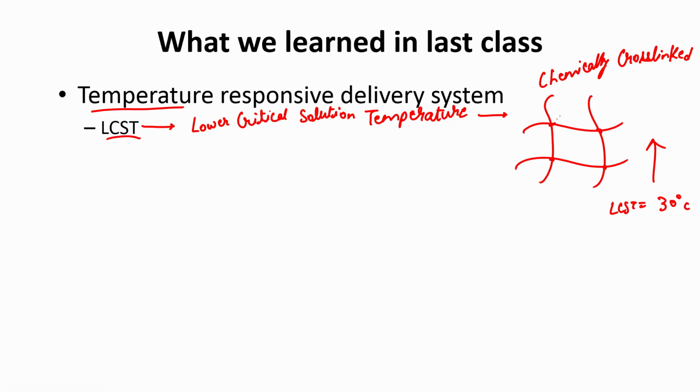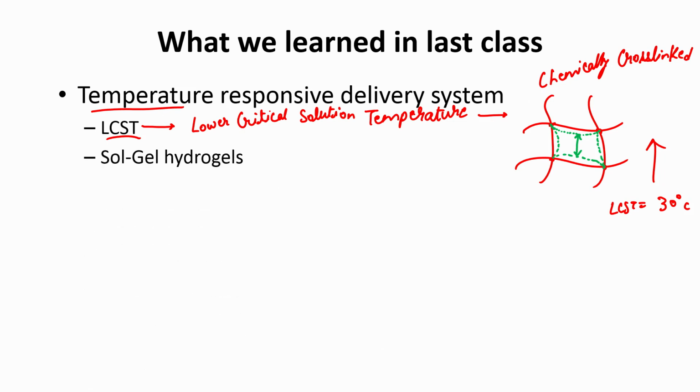So these polymer chains will basically repel water and try to come close to each other. However, since they are cross linked at these points and can't leave those points, the pore size is going to shrink, and that is what the LCST is, and we discussed how this can be done.